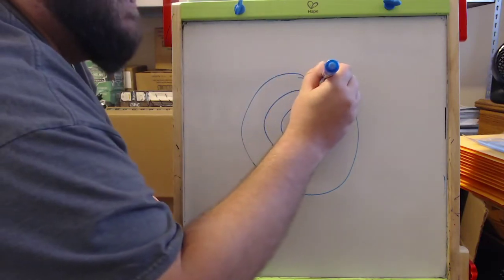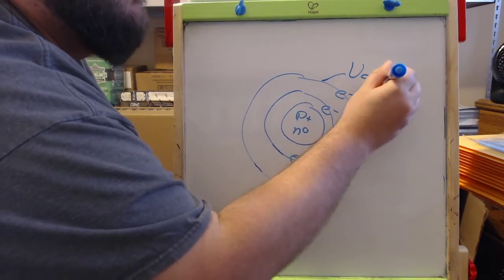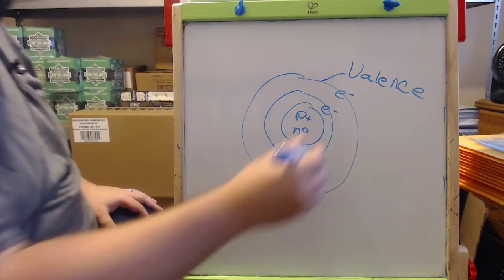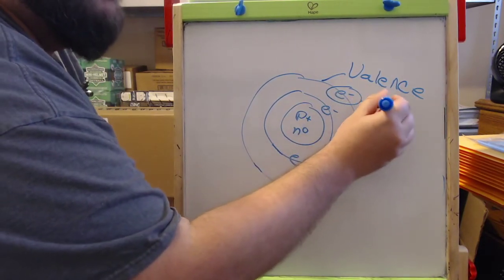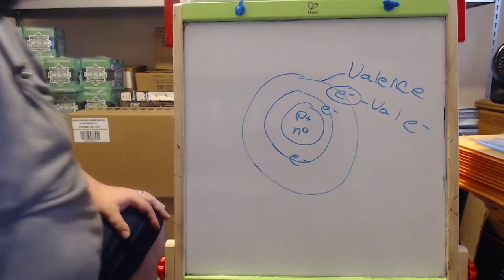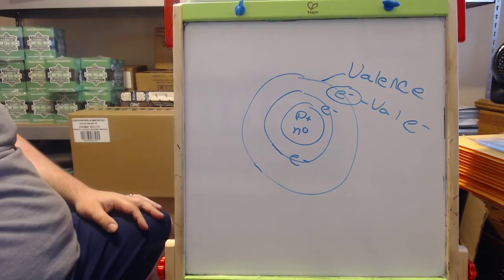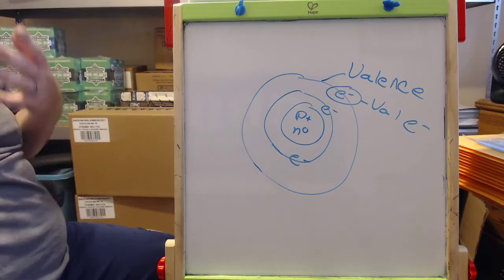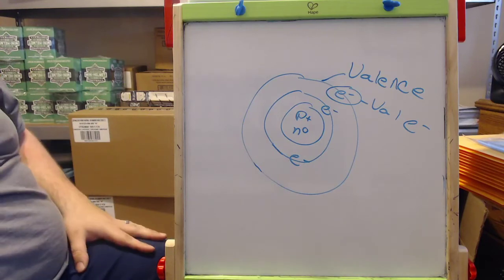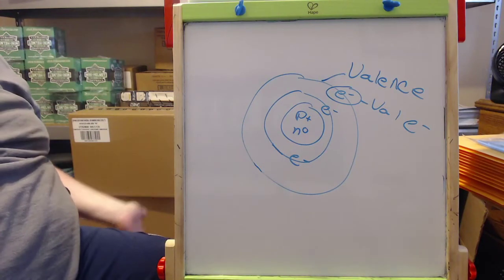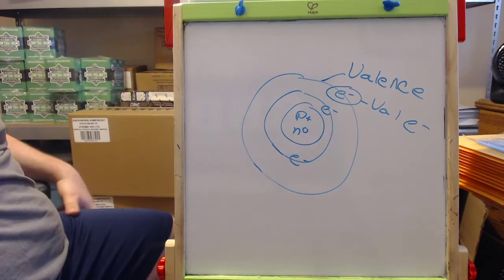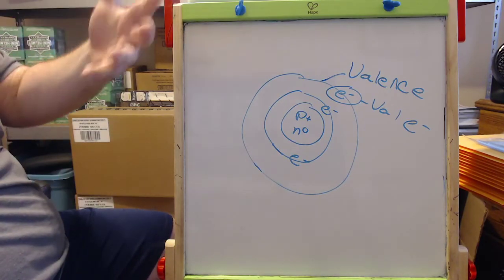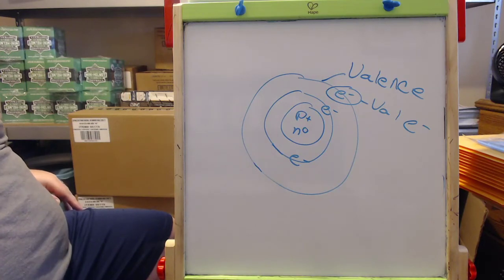The outermost layer is known as the valence shell. Therefore, this would be my valence electron. This is the shell or area that I'm going to use to form bonds. These are the electrons I'm going to give up, or this is the area where I'm going to gain electrons, in order to look like a noble gas.